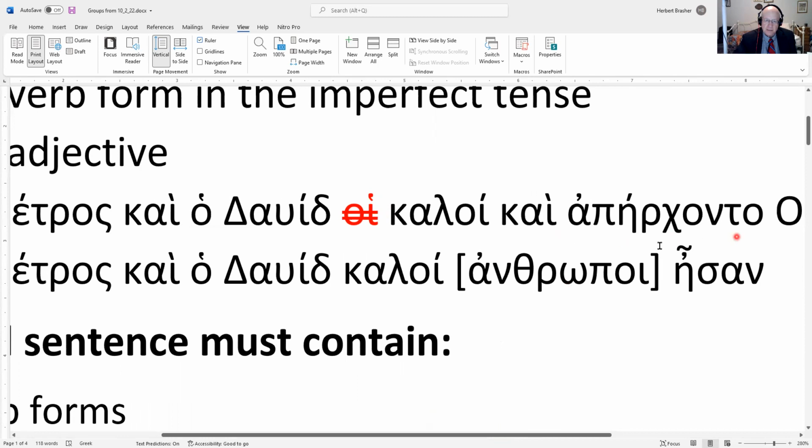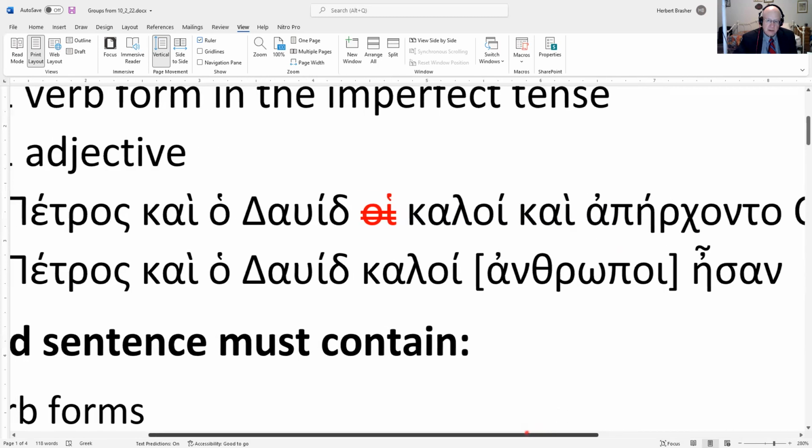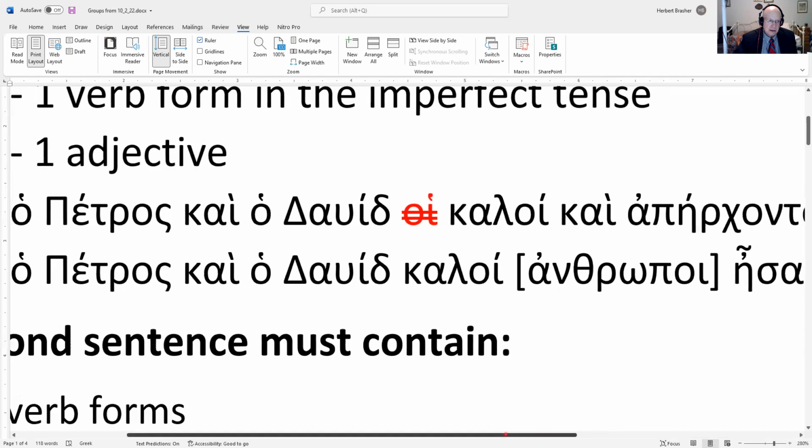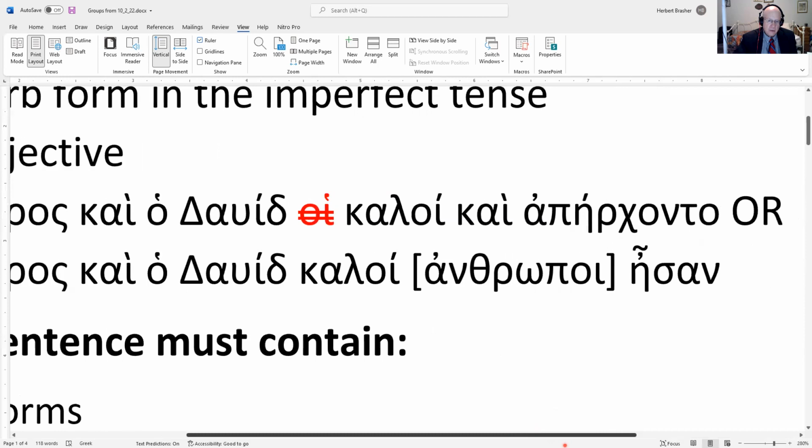And don't forget that the imperfect can have 2 different meanings. And if you have an imperfect form by itself, you need to give both possible meanings. What we ended up with, though, I think in class, was Peter and David were being, good English would simply be were good men, imperfect, and the imperfect of were, according to chapter 22 and section 22.5, the imperfect of eimi, 3rd person plural, Peter and David esan, were good.